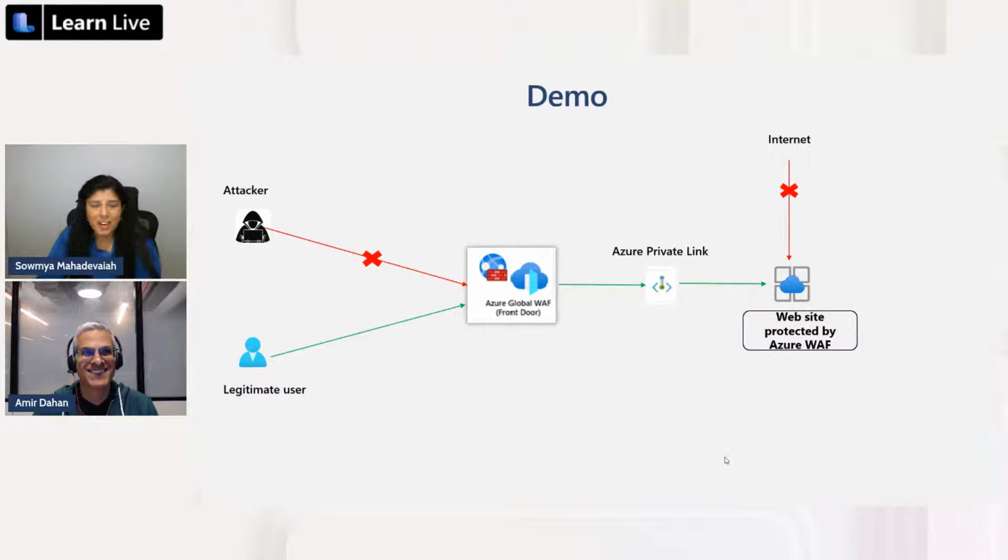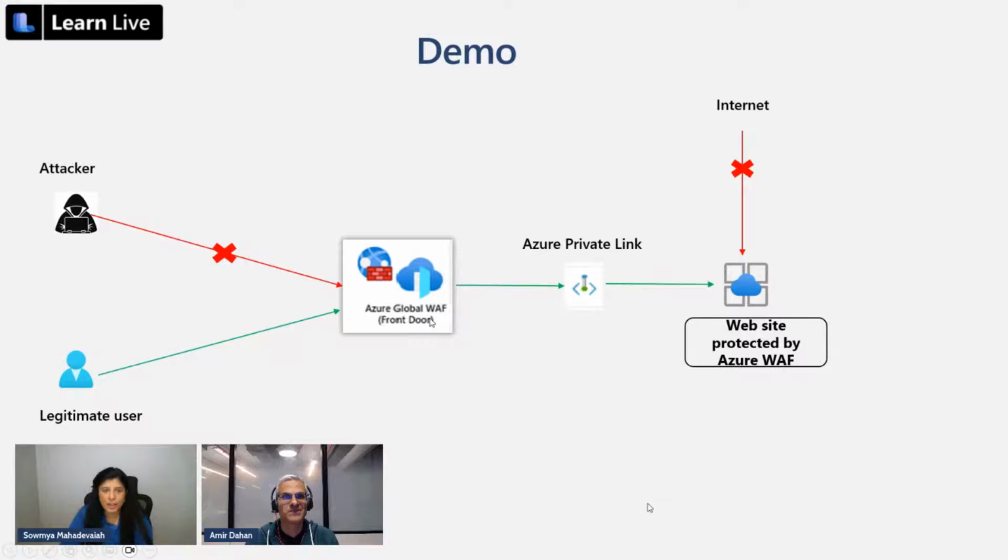Of the demo, we have a global WAF that is integrated with Azure Front Door, and then we have a website that is protected by Azure WAF, and we have an attacker and a legitimate user. I also want to describe the concept of Azure Private Link. Azure Private Link is another Azure service that creates private endpoints so that those endpoints are only accessible from known products.